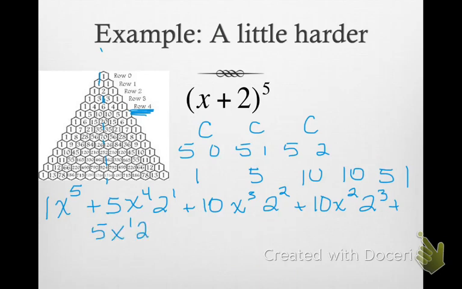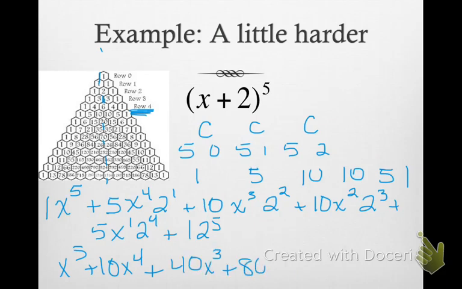Raise this to 4. Oops, that one's to the 0th. Raise it to the 5th. So all together we get x to the 5th plus 10x to the 4th plus 40x to the 3rd plus 80x squared plus 80x plus 32.